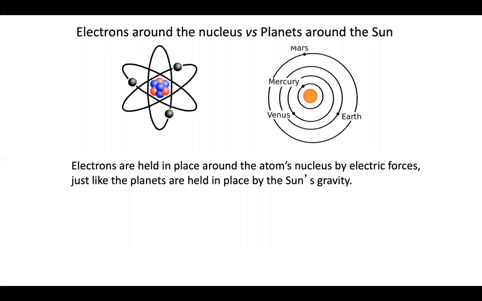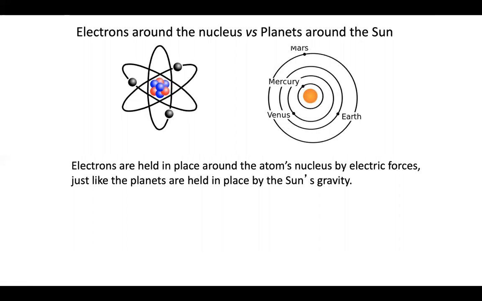What's important to understand is how it's wrong, because understanding how it's wrong is really relevant for understanding what's going on here. So we're going to compare and contrast the properties of electrons around a nucleus to the properties of planets orbiting a star, like the planets in the solar system orbiting the sun.